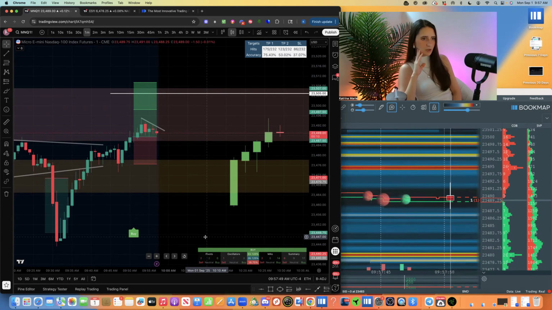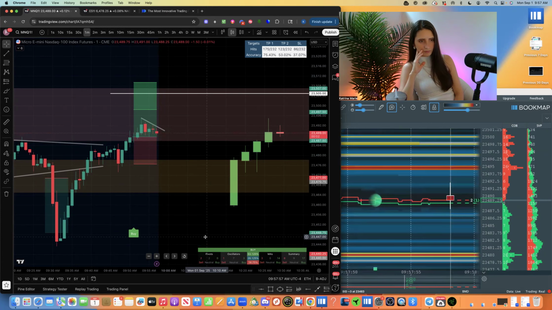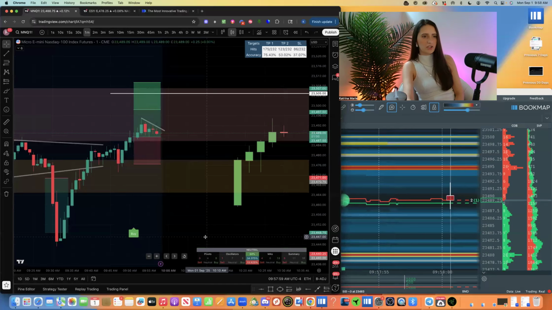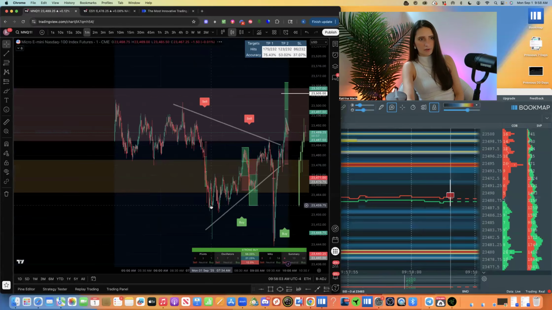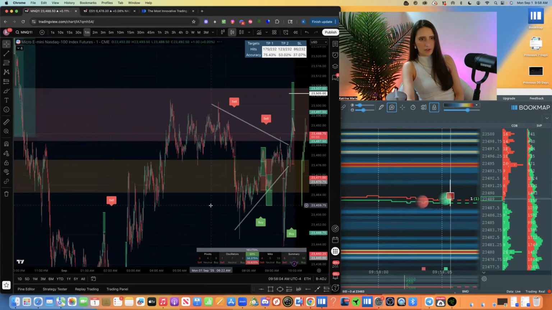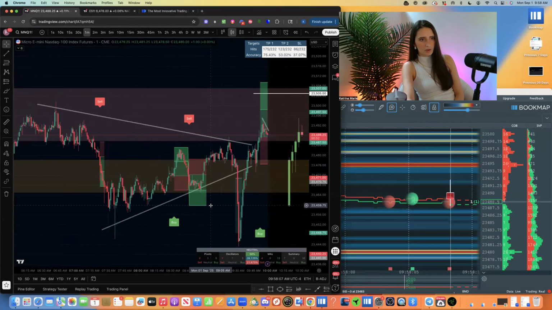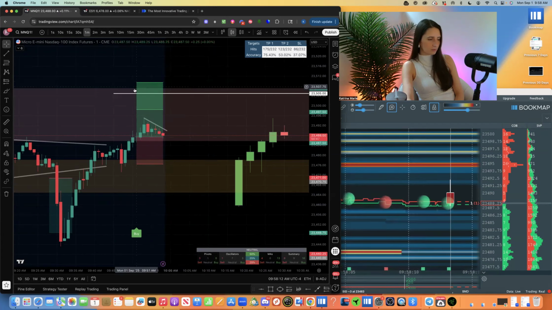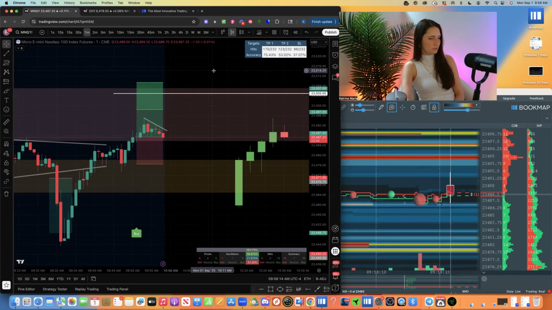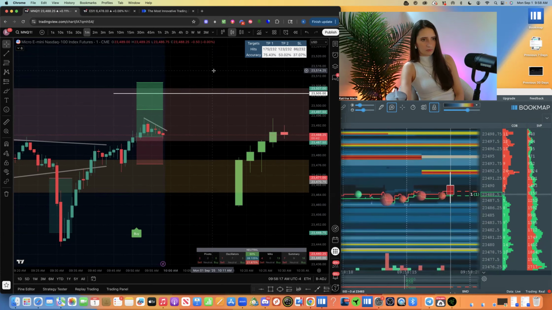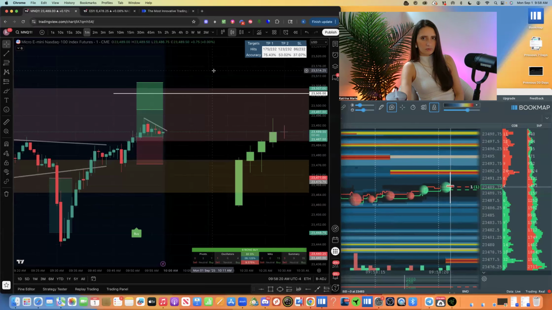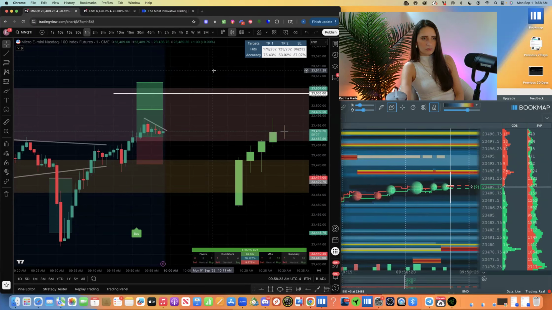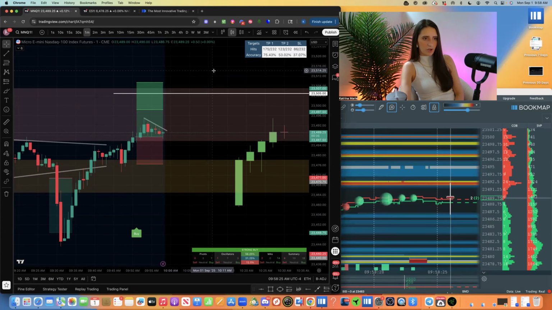Yeah, 10 a.m. is approaching. So we'll see. I think we did tap into the high though. Yeah, we did. Almost tapped into the high. Tapped into entry again.